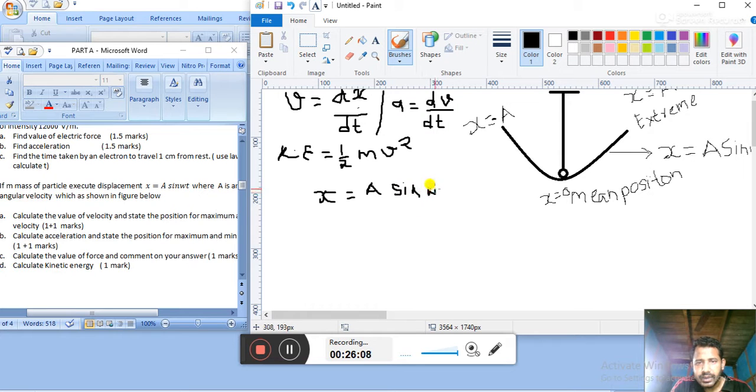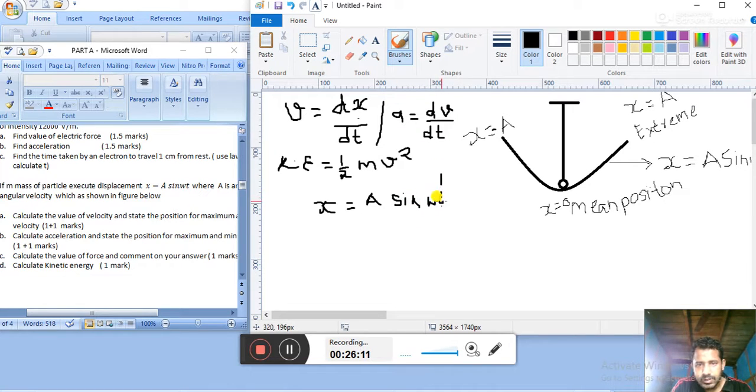Velocity equals dx by dt, or you can write it as d of a sin omega t by dt.